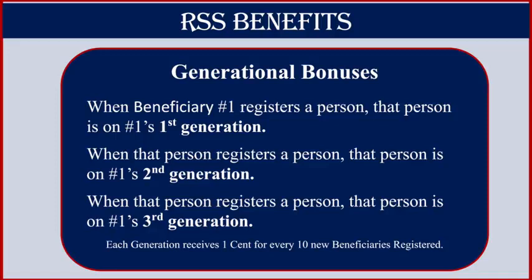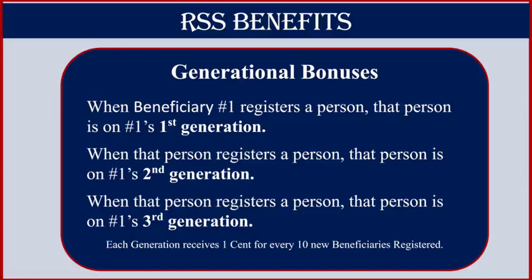Now, the generational bonuses, this is a little bit more, there's some really good reasons to do this, and it's a little bit harder to understand. But when a beneficiary, number 1, registers a person, that person is on number 1's first generation.